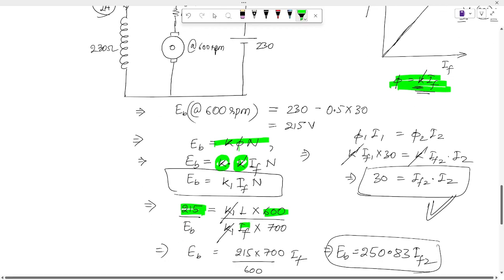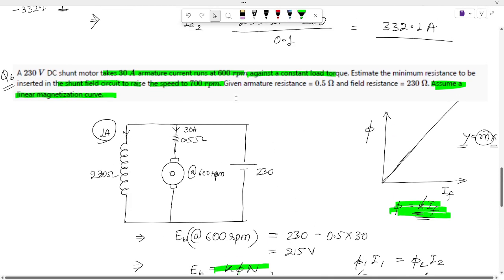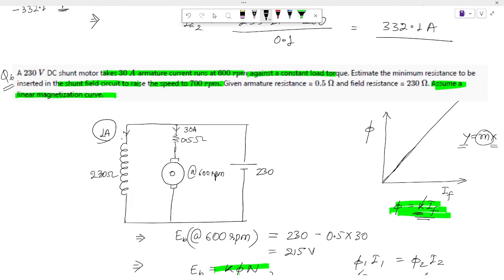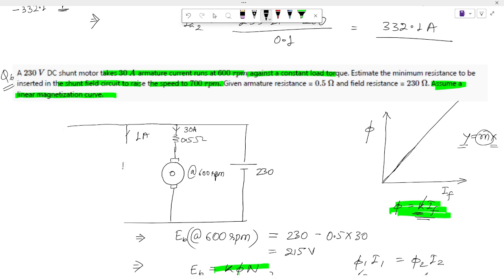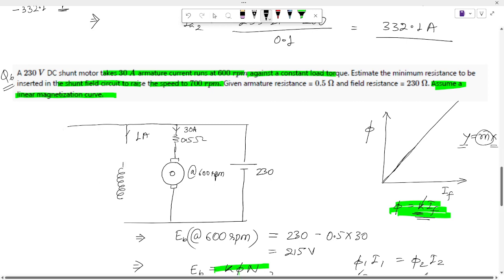We do not know the IF value, because when resistance will be inserted here, initially it was drawing 1 ampere. Actually, how do they have the circuit, I'll tell you. This is the shunt field.